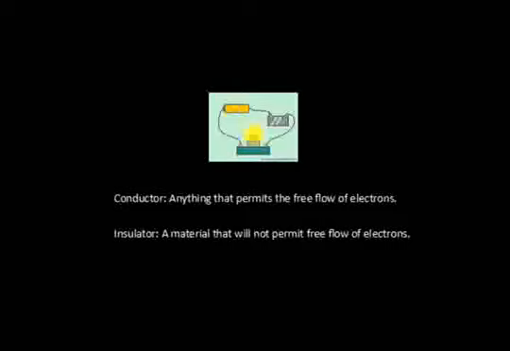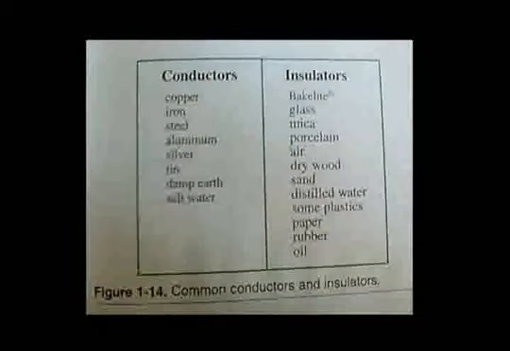A poor conductor of electricity is a material that will not permit the free flow of electrons. Extremely poor conductors are referred to as insulators. A semiconductor is a material that limits the flow of free electrons. A semiconductor is considered neither a good conductor nor a poor conductor of electricity. Semiconductor materials are at the very heart of modern electronic applications and will be explored in depth in Chapter 17.